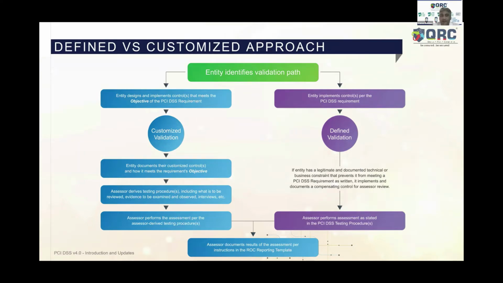This is very important. And as assessors, we need to define our own testing procedures to test whether those controls are meeting the specific objective or not. It means the customized approach will definitely increase the effort from the assessor's point of view, and also from the organization's point of view.